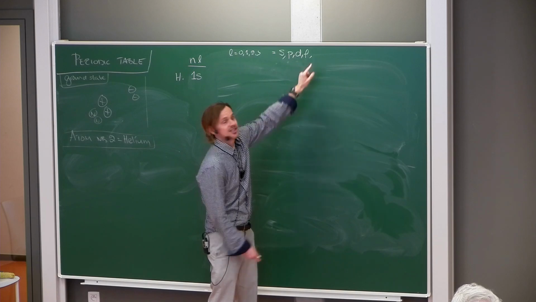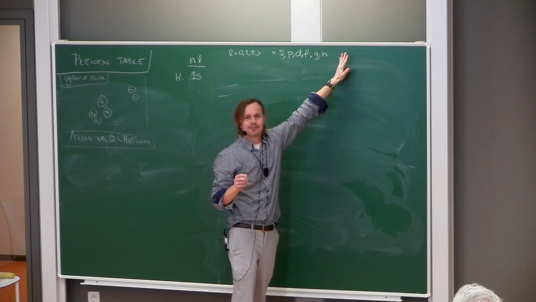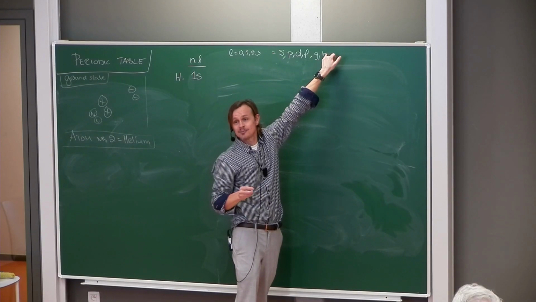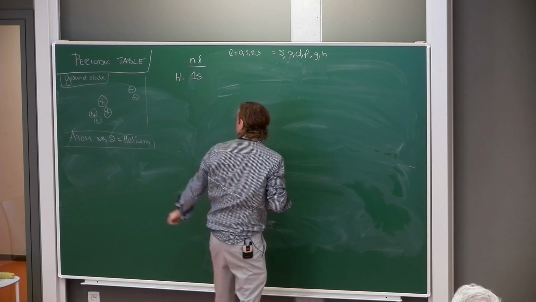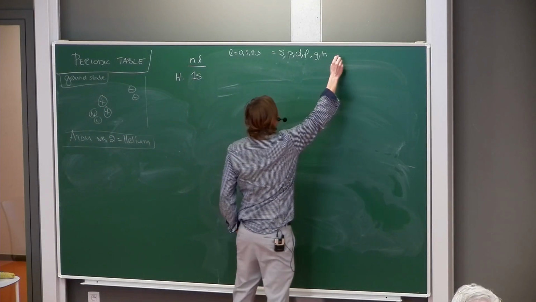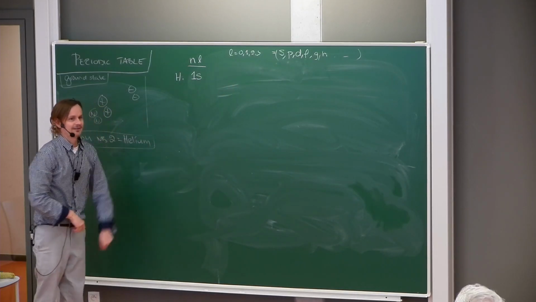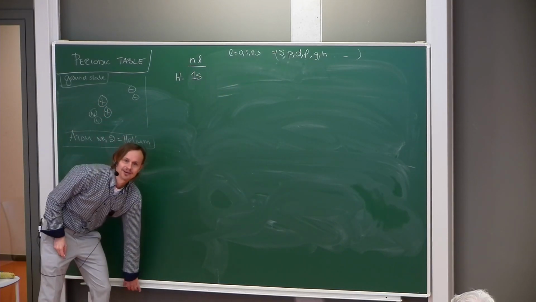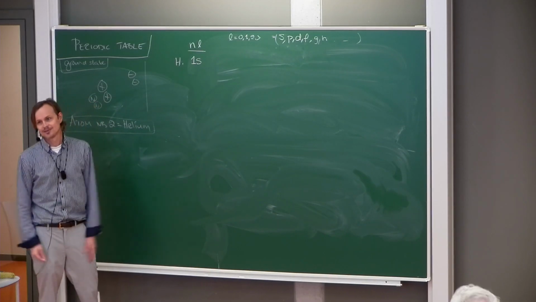So the next one would be G here, and then H. But then we had to jump some letters because some of them were already taken for other things, like little l. Couldn't use that because it was used already for the orbital quantum number. So it's just a mess. But it's how it is. It's better to just learn it and then have it there. Okay. So you know what you're looking at because you see it in all the textbooks, in all the papers.